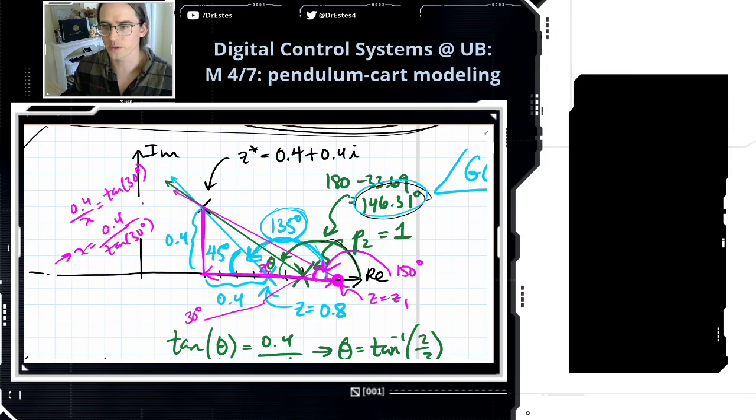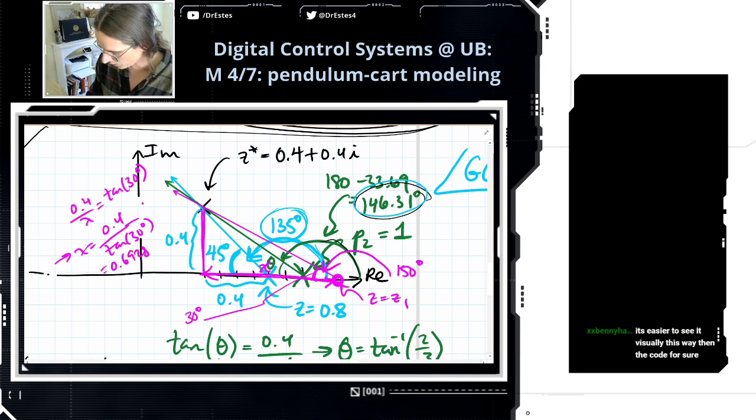Wait, why is it 30 degrees and not 150 degrees? Okay, this is 0.6928, by the way. No, you're right. I'm trying to place the zero so that it makes 150 degrees relative to our z star, but I don't know the location exactly on the real axis where it should be.